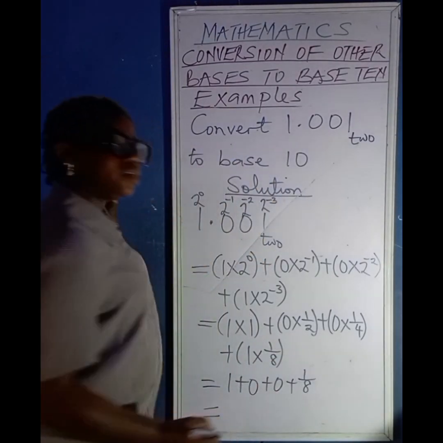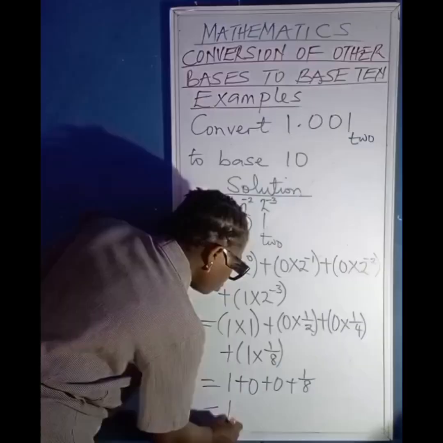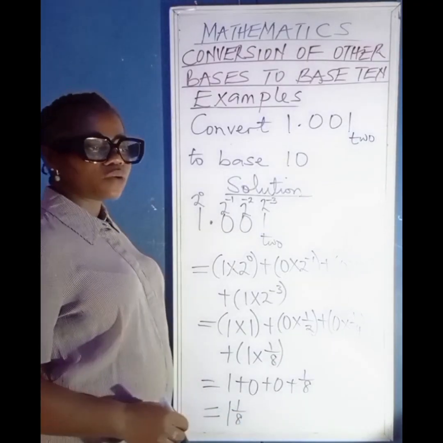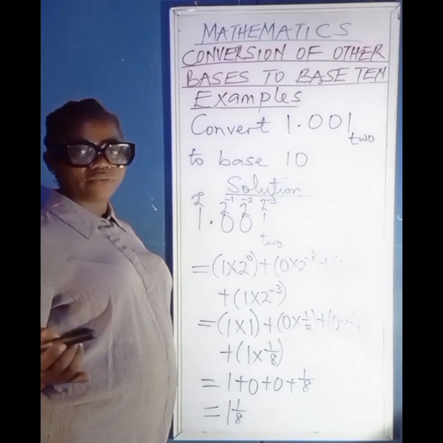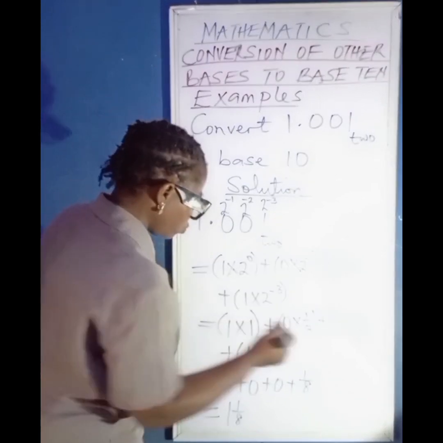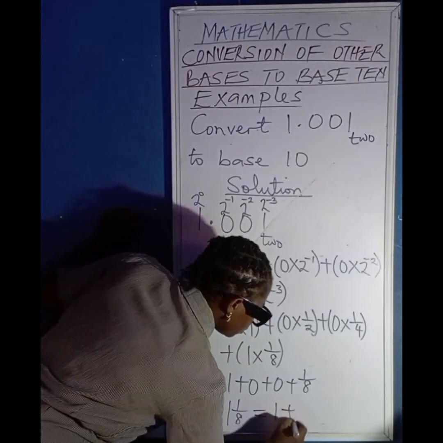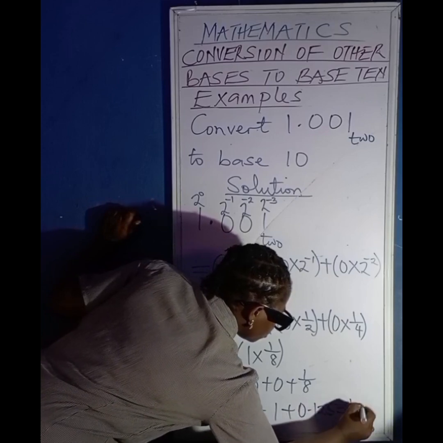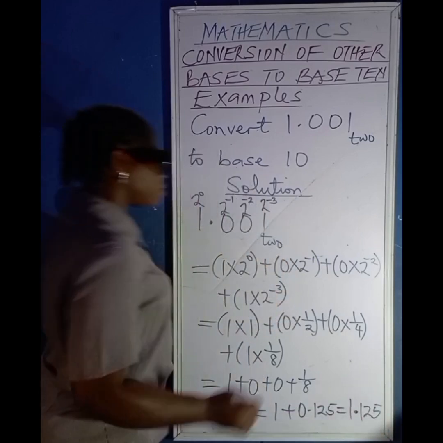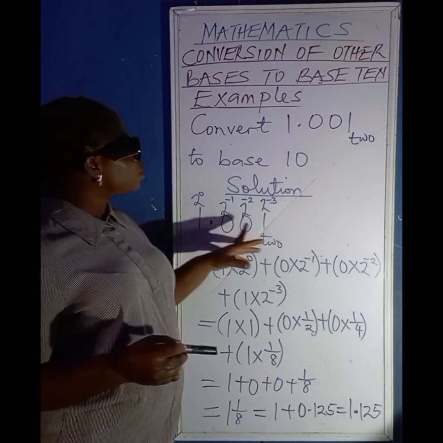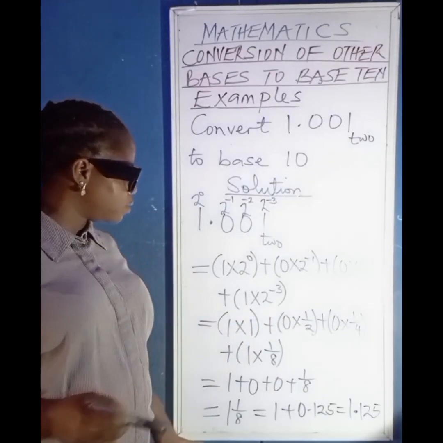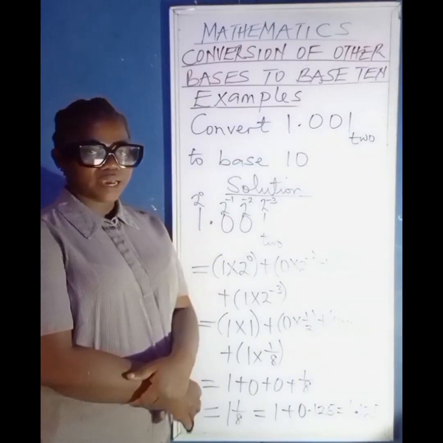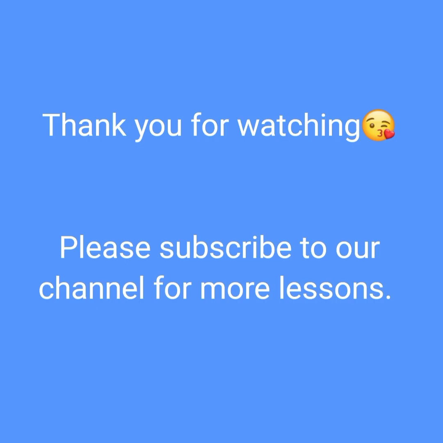So this number gives one whole number plus 1/8. 1/8 is equal to 0.125. So this is 1 plus 0.125, giving us 1.125 in base 10. So 1.001 in base 2 is equivalent to 1.125 in base 10.